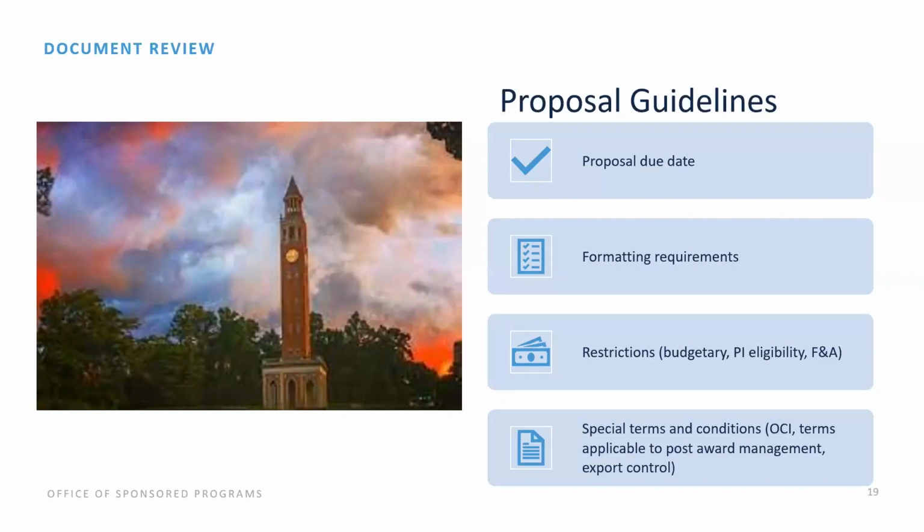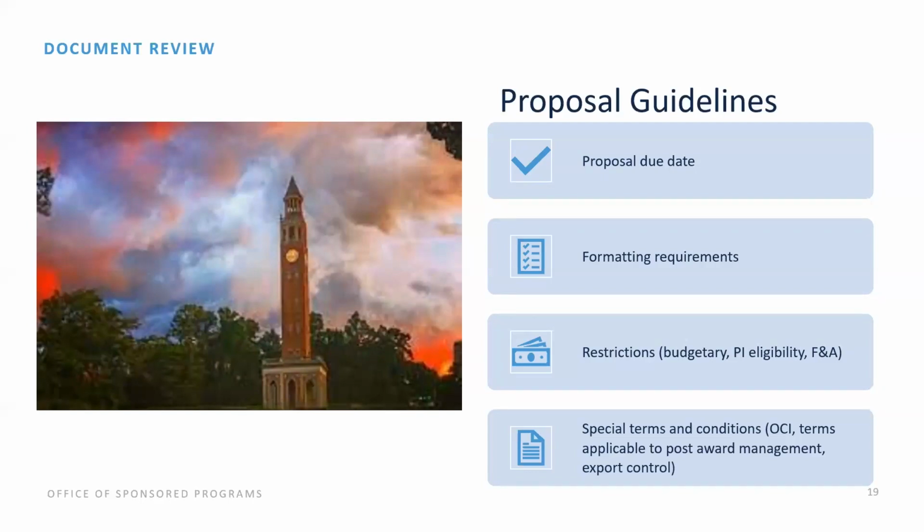But we need to know what the prime one is as well. What are the formatting requirements? Do they require a certain font? Do they have certain page limits on different things? That's all really relevant information.